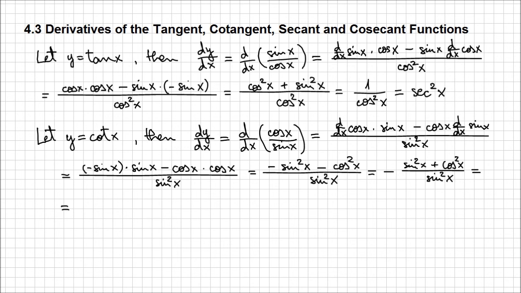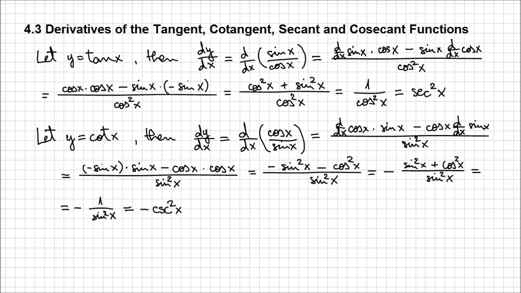Applying the fundamental identity of trigonometry once again, it is going to be minus, in the numerator it becomes 1, and denominator sine square of x, which we recognize is the reciprocal function cosecant. So we can continue to say that it is equal to negative cosecant square of x.